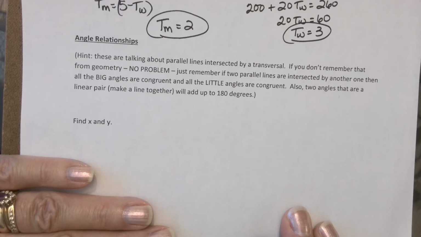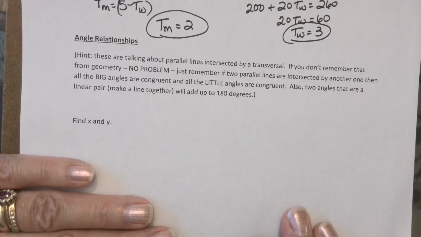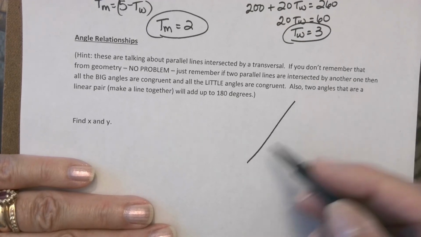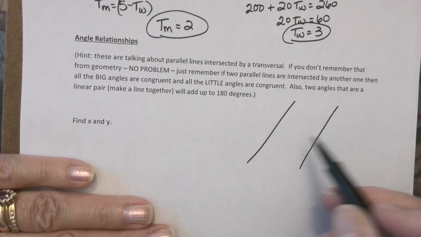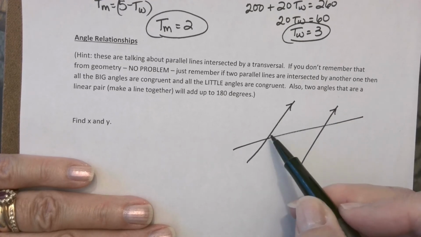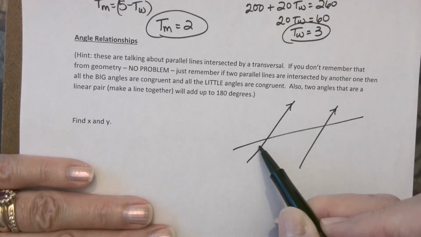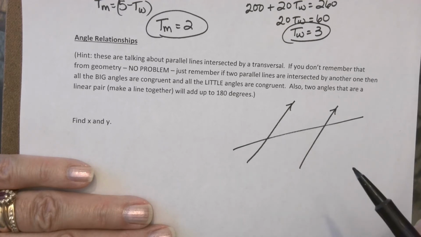That means all the obtuse angles are congruent and all the acute angles are congruent. So if you have two parallel lines and they're cut by a transversal, like this, then all of my obtuse angles are going to be congruent and all of the acute angles are going to be congruent.